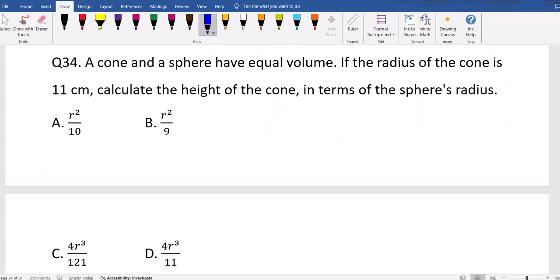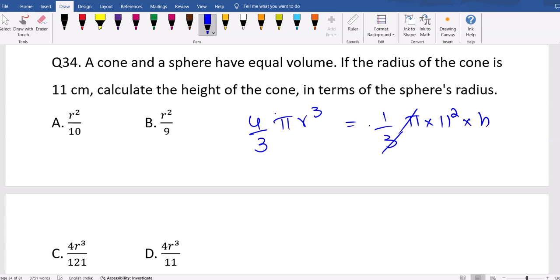Now, a pretty similar question. The volumes of a cone and a sphere are the same. The radius of the cone is 11. Find the height in terms of the sphere radius. So the sphere radius is r. Here the cone is 1 by 3 pi, 11 square h.